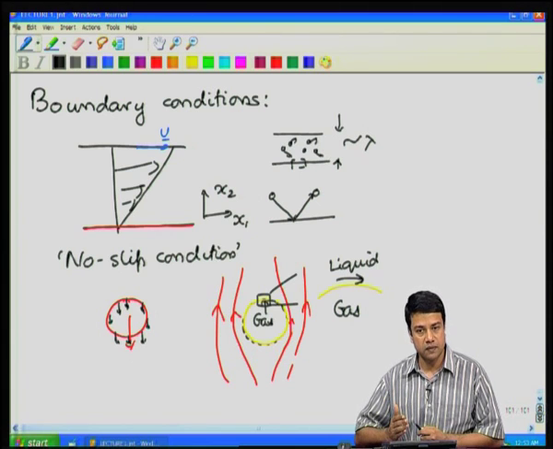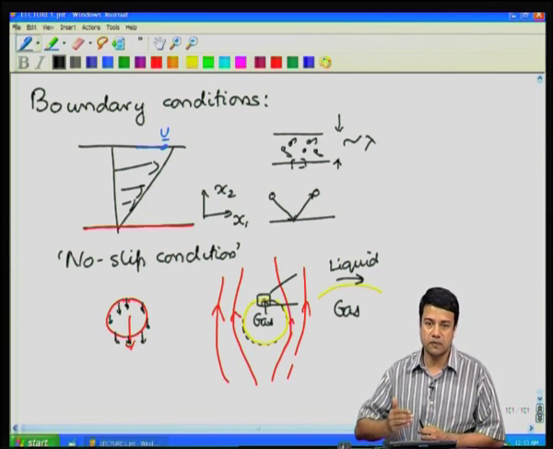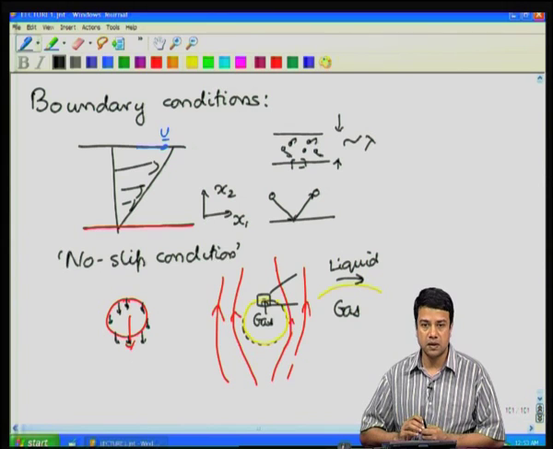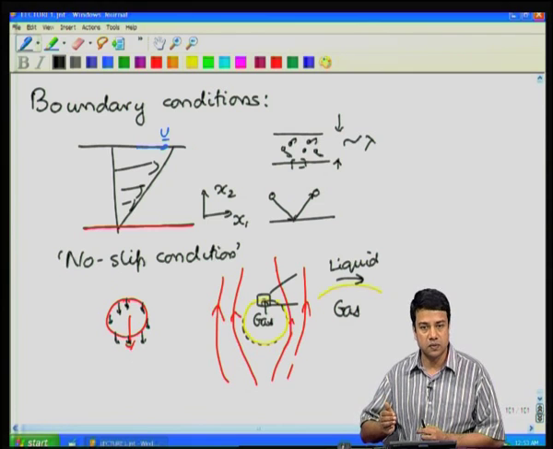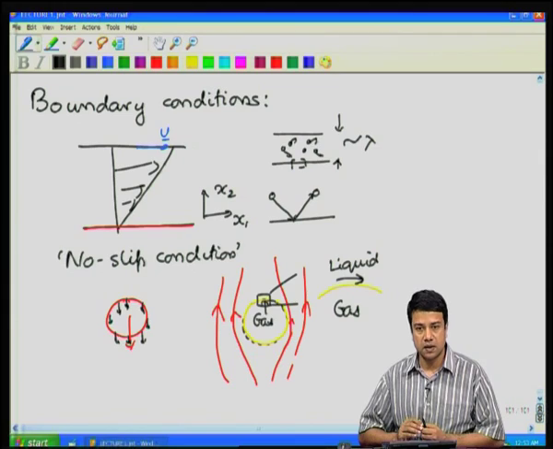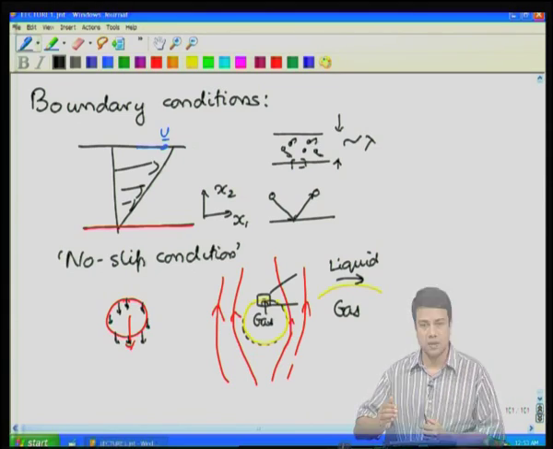However, one cannot generate a rate of deformation that is significantly larger, because you require the velocities to be equal. So, therefore, at the liquid gas interface, it is a good approximation to state that the shear stress, the tangential stress exerted by the liquid on the gas, has to approach 0 as you go from the liquid to the gas. That is because if the stress were non-zero, the stress in the liquid is proportional to the viscosity of the liquid times the rate of deformation.